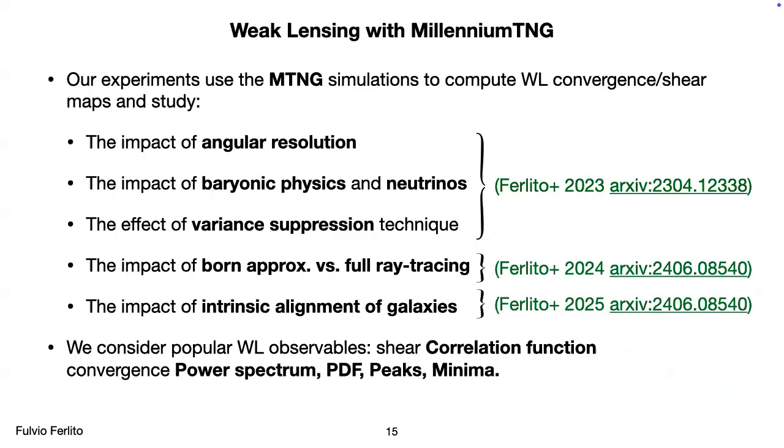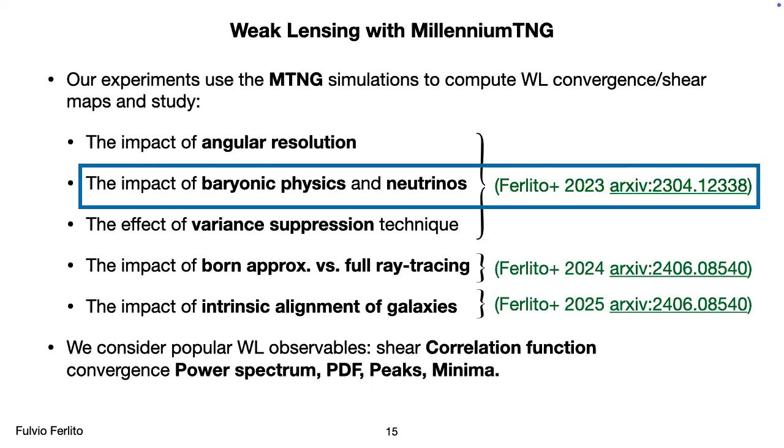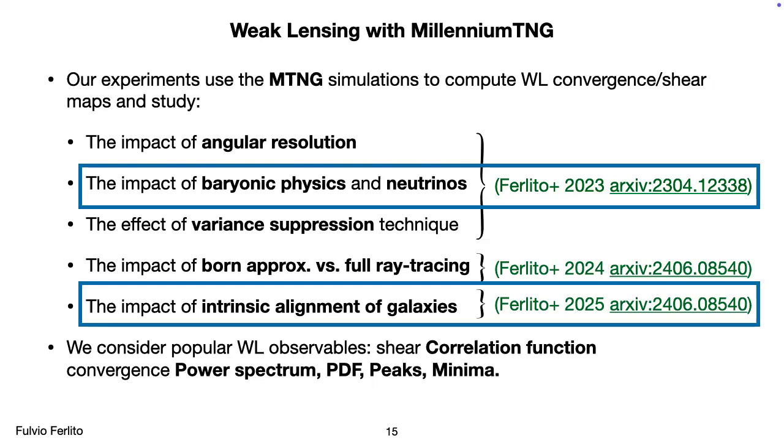During my PhD project, I focused on some of the most important systematics in weak lensing, resulting in mainly 3 publications where I studied the angular resolution, variance suppression, and Born approximation, which are numerical aspects. But today, I would like to focus on the impact of baryonic physics, neutrinos, and intrinsic alignment of galaxies. If you do have questions on other things, feel free to ask, because I have a lot of backup slides we can discuss later in the question session.